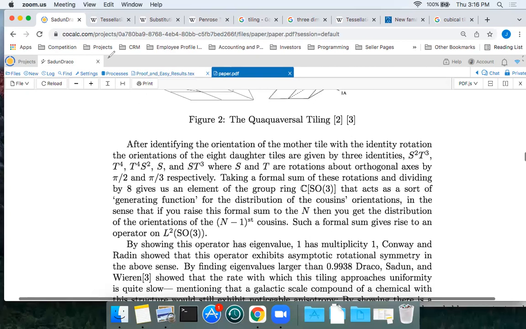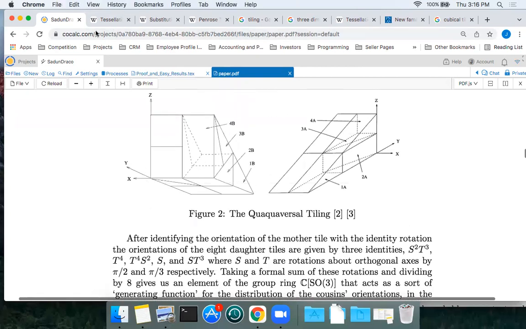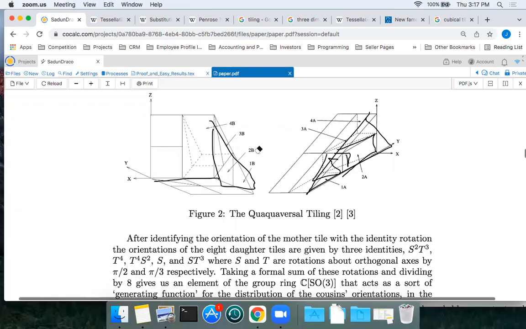You just pick a tile, you call it the identity tile, and then you ask what rotation did I use to get from the identity to this orientation? That is going to be the associated element of SO3 with the orientation of the tile. So however I had to rotate this to get this, in this case, it is the one where you rotate by S first.